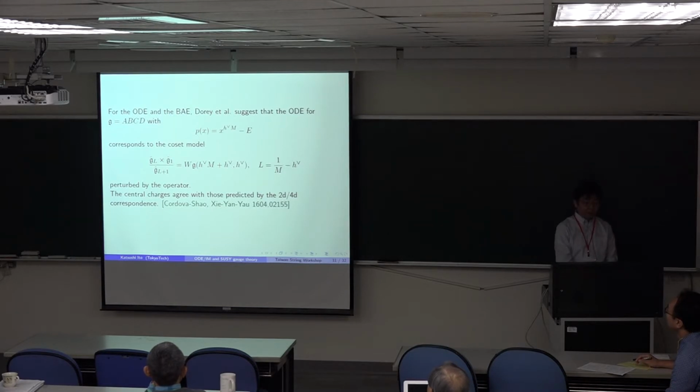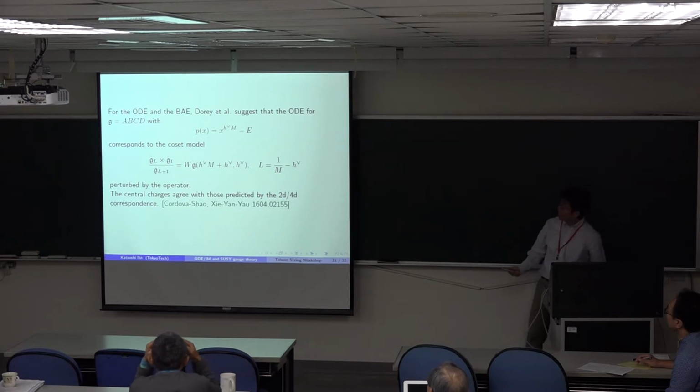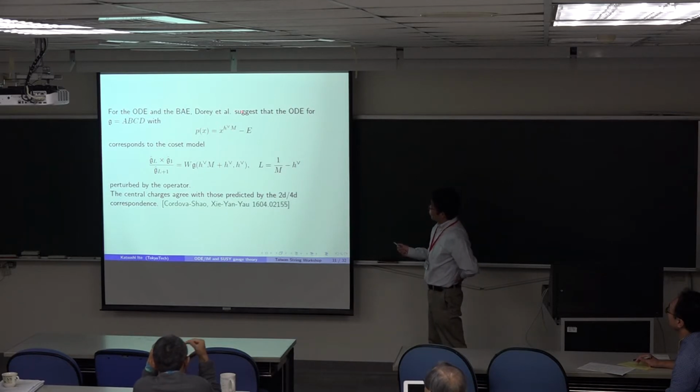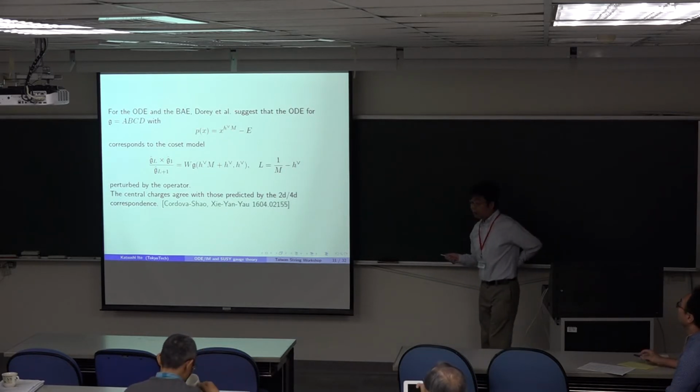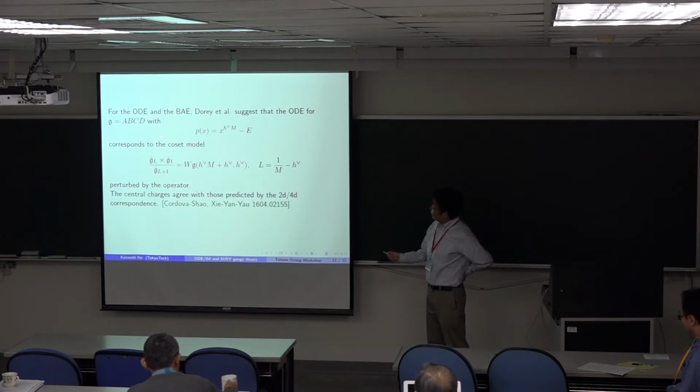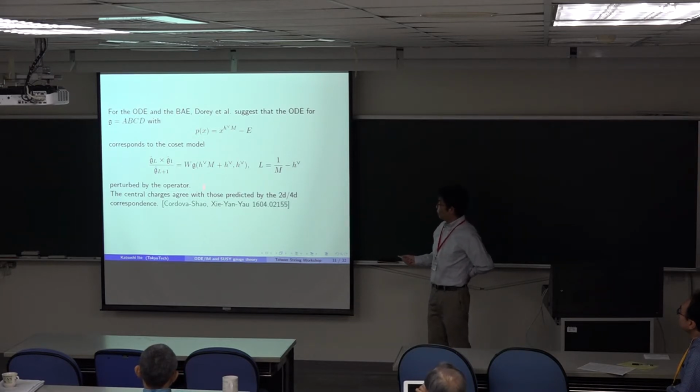So for the higher rank cases, we have some similar correspondence. It is not established at this moment for general G, but some numerical analysis suggests that this corresponds to the coset model, perturbed by some operator.